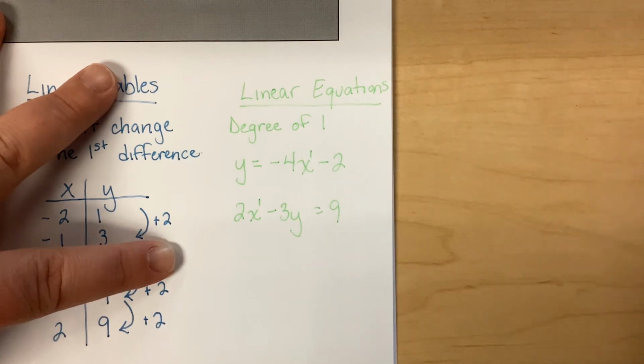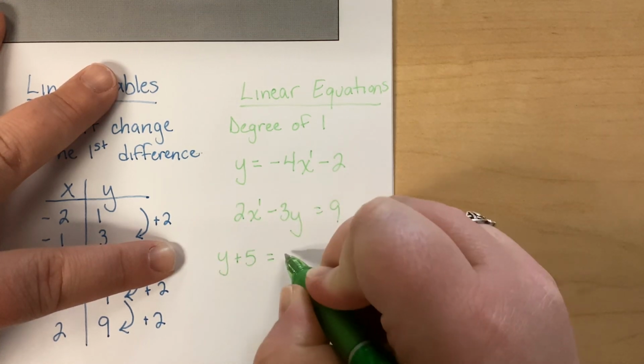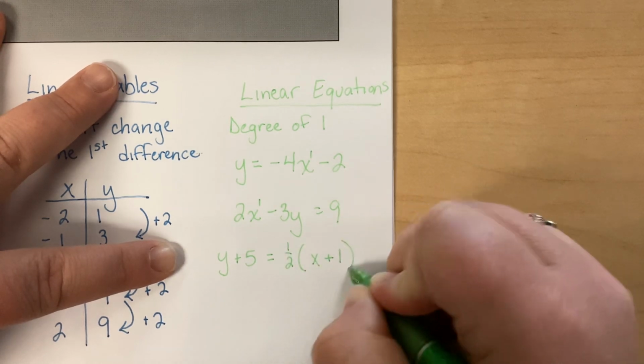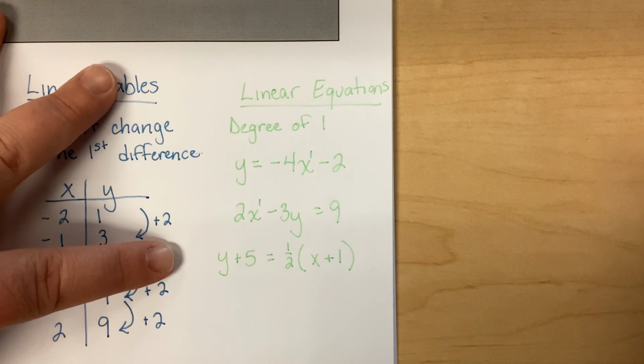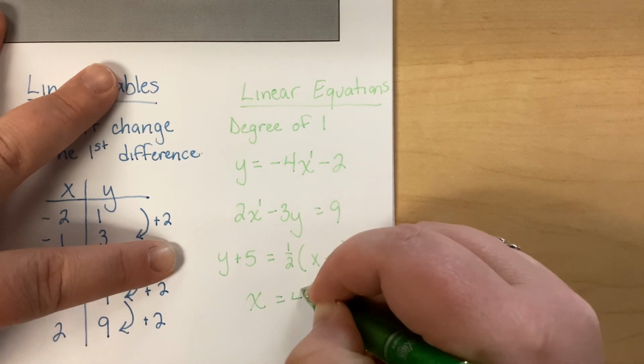We could change this to look like slope-intercept form. We've also seen it in point-slope form, where you have something like y plus 5 is 1/2 times x plus 1. Once again, still just x to the first, can be written into slope-intercept form. We've had the vertical line, so that's x equals 4.